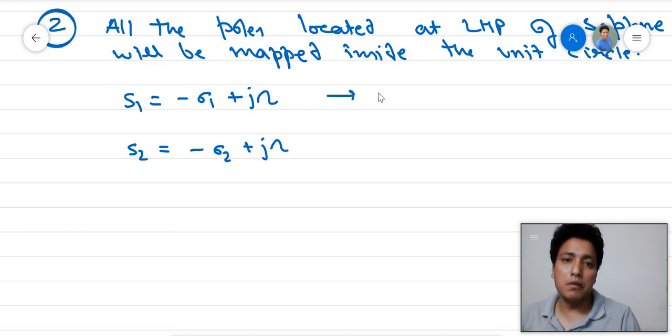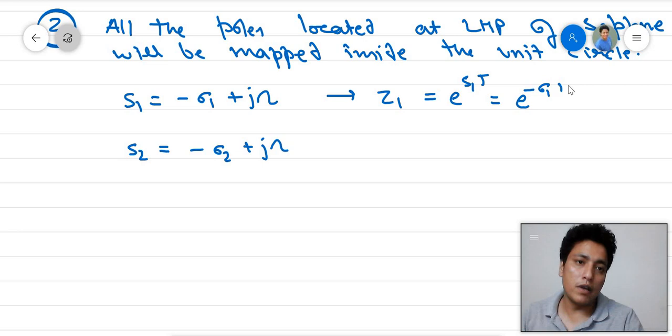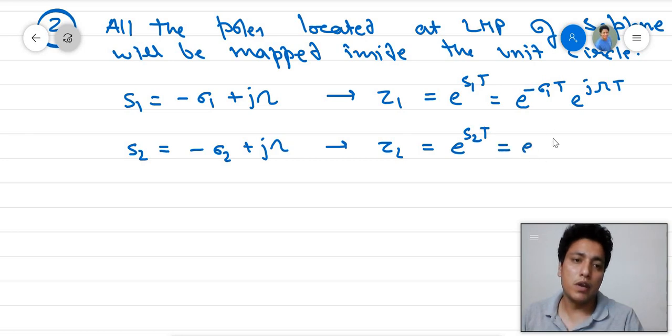Then the equivalent z1 will be e to the power s1t, which is exponential minus sigma 1t exponential j omega t. Similarly z2 will be equal to exponential s2t will be equal to exponential minus sigma 2t into exponential j omega t.